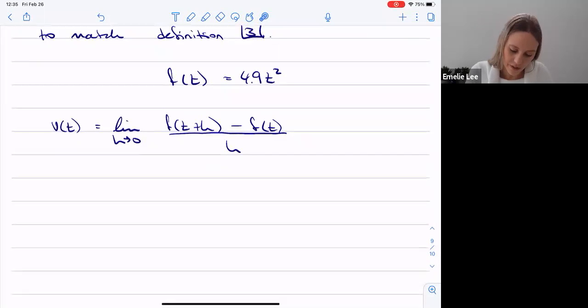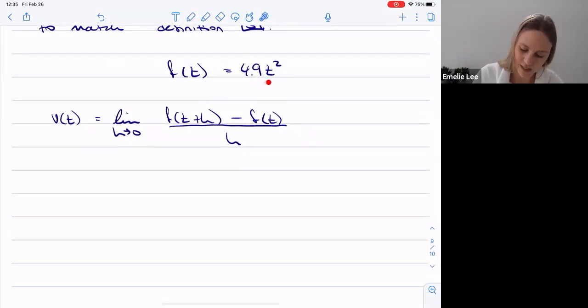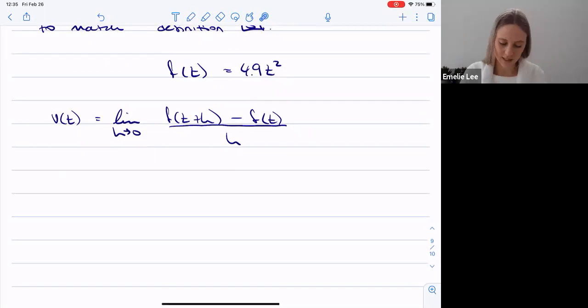All right, so we're developing this general velocity function, and so let's do it. I know that f of t is 4.9 t squared. What gets weird here is that I have a t here and I have a t here. We need to keep those separate, so I need to plug in t plus h for t here.